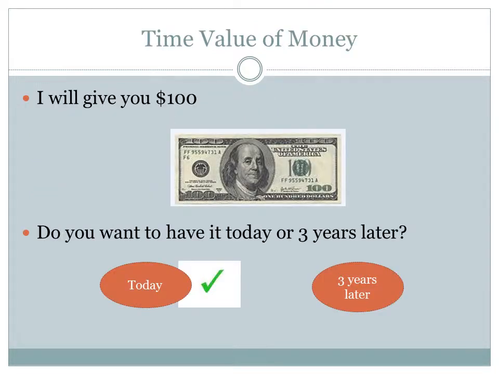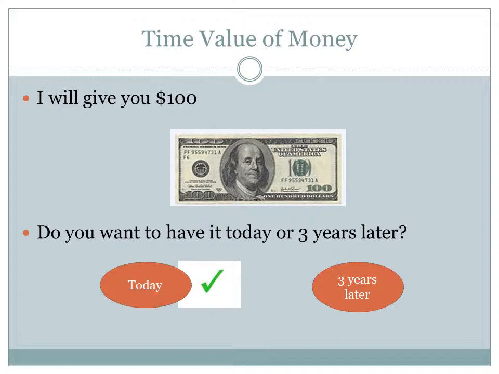In order for you to understand time value of money, I will use one example. For example, I give you $100. Do you want to have it today, or do you want to have that $100 bill 3 years later? Think about it.